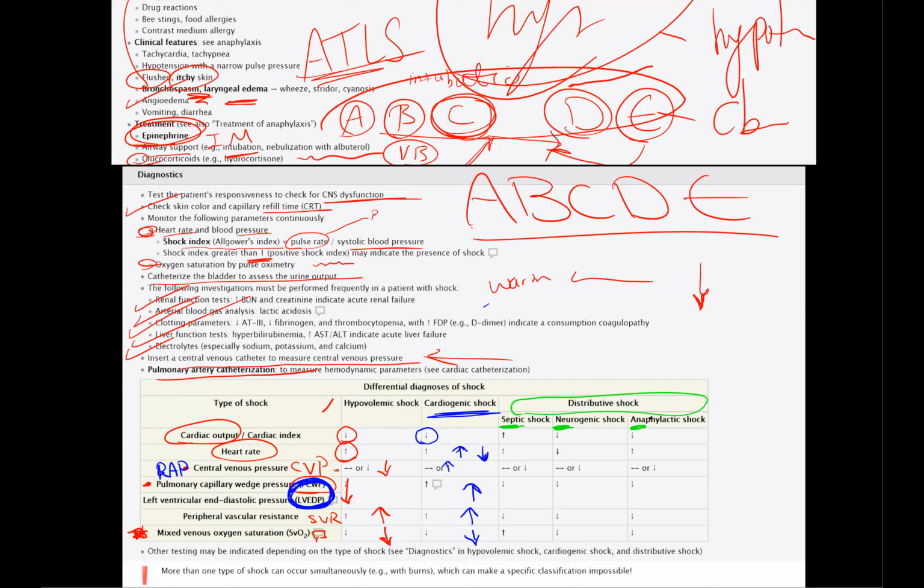We will have low cardiac output because the heart itself is bradycardic, so we will have bradycardia in neurogenic shock, not cardiogenic.